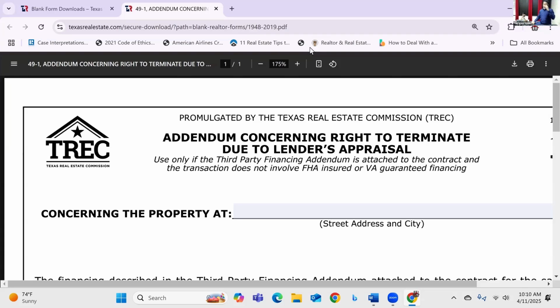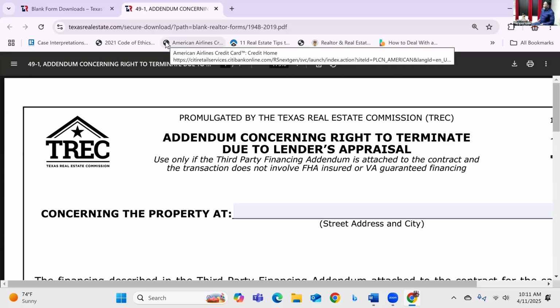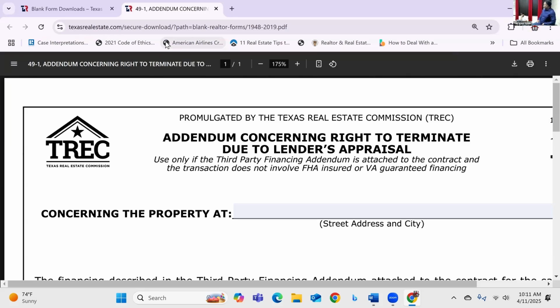So I say again, you cannot use this form for FHA and VA. So the first alarming thing, if you're on the listing side and you have an FHA loan or a VA loan, and they come in with this form, you can't use this form with that loan. That's really the big thing.